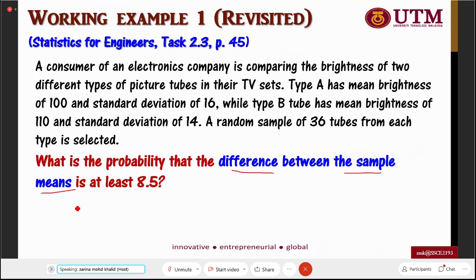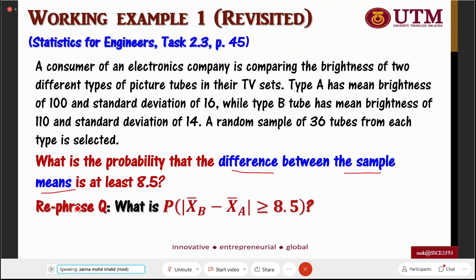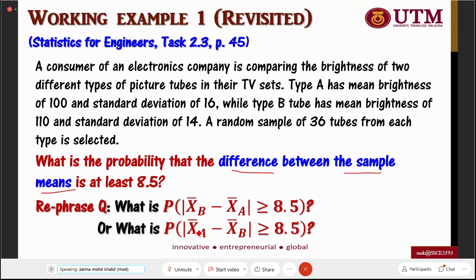You don't have any specific order for this particular question, so you have to deal with modulus. You can either use this one, so you need to expand later, or this one is also okay: modulus of X bar A minus X bar B. But of course, the distribution has to be normal with mu A minus mu B.